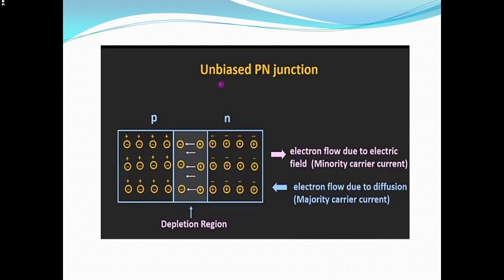Next, this we call an unbiased PN junction. Here electrons and holes diffuse and there will be a depletion region. Here I am not giving any external source, but there is a current due to majority charge carriers, which we call diffusion current, and there may be current due to minority charge carriers also.